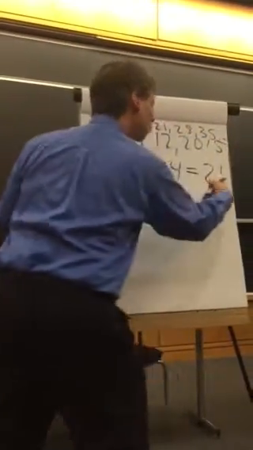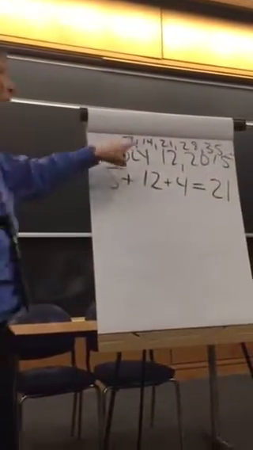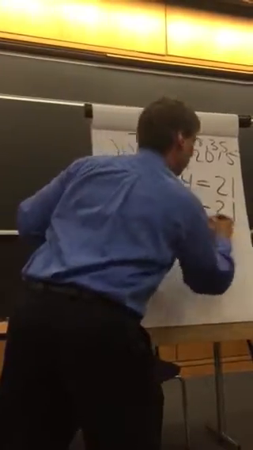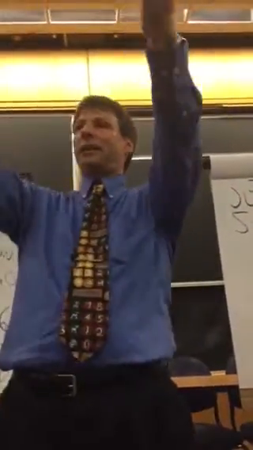You can subtract any multiple of 7 from that, and that won't change the day of the week. What's the biggest multiple of 7 I can subtract from that? 21. 21 minus 21 is 0, and none day is Sunday, so your birthday this year will be on a Sunday. Got it? Yes, question, or you want to try another one?